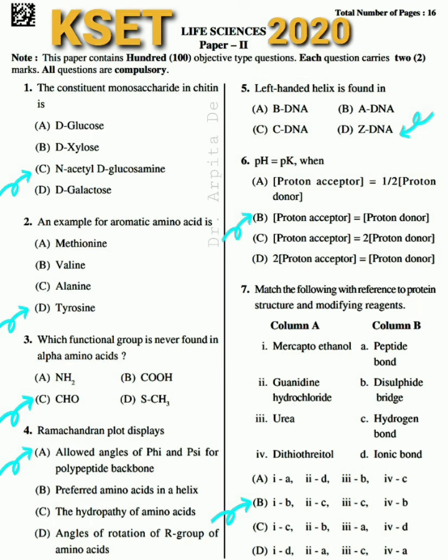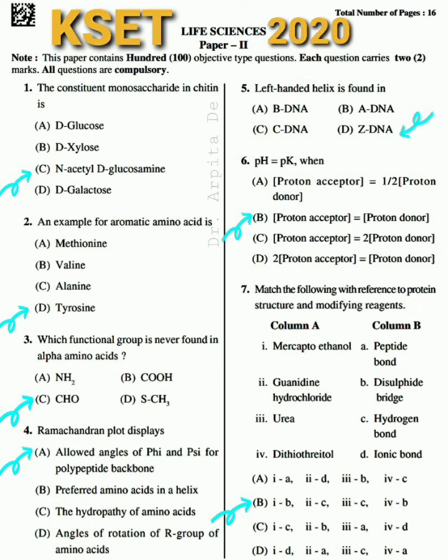It actually shows us, in theory, the allowed regions, which values of phi and psi angles are possible for an amino acid, say X in a, say alanine, X alanine tripeptide. So this is what Ramachandran plot is telling us. So our correct answer is option A, allowed angles of phi and psi for polypeptide backbone.